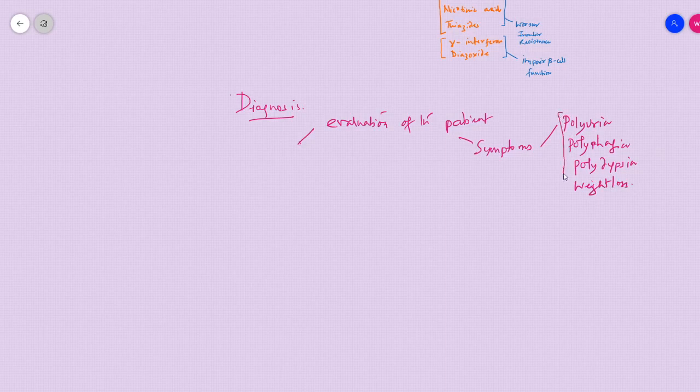That is a red flag that tells you that you might be diabetic. Those are the presenting symptoms commonly seen in diabetic patients.